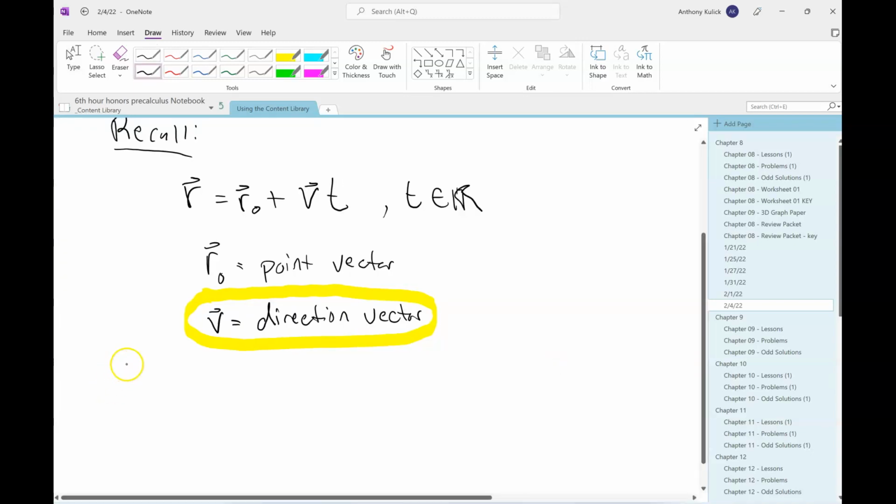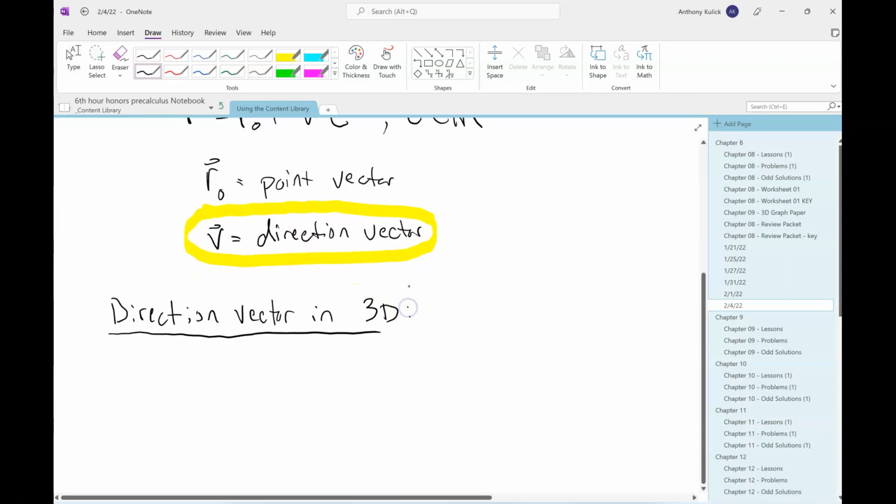Remind me again, how do we calculate slope? Yeah, it's like the change in y over change in x. So specifically, what do we need to calculate the slope? 2 points.